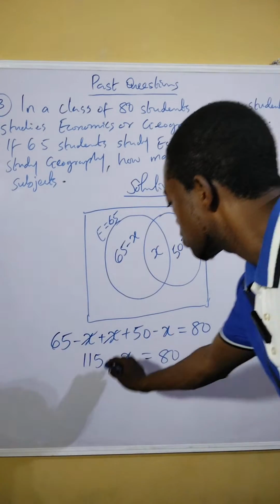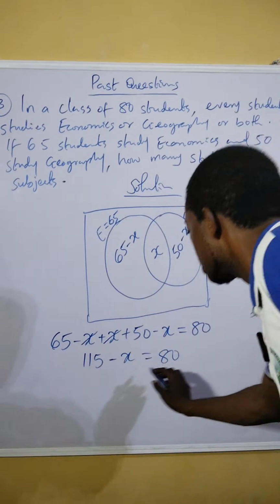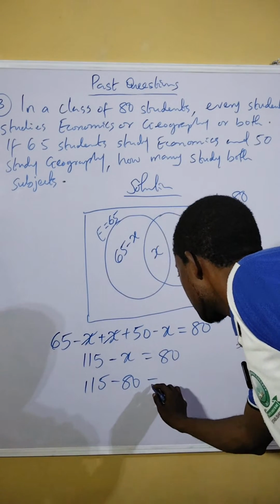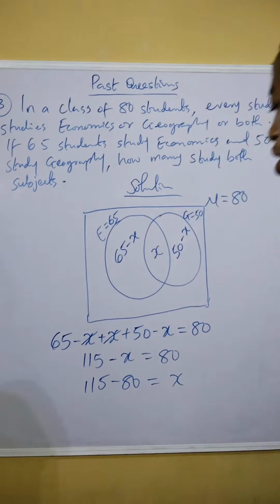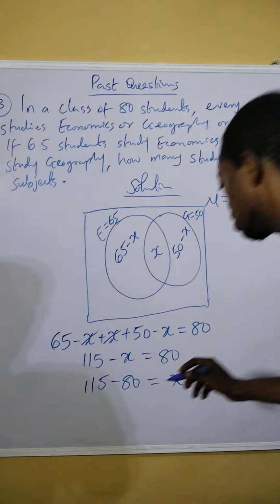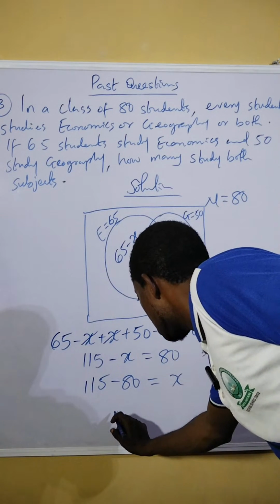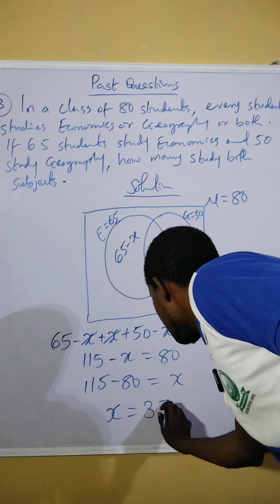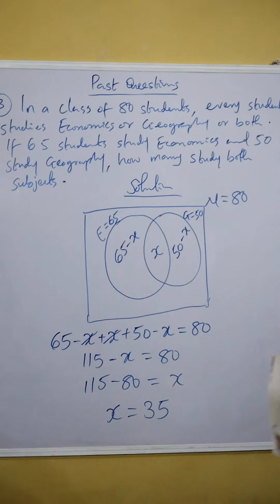We can take 80 to this side, then minus x to this side, and we have 115 minus 80 equals x. And here 115 minus 80 is 35. So that means x here equals 35.